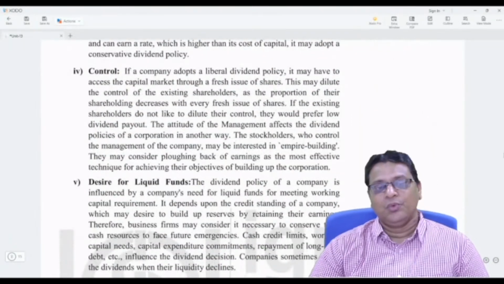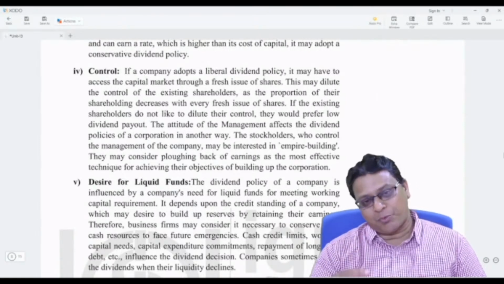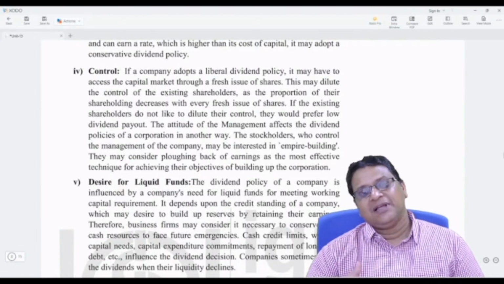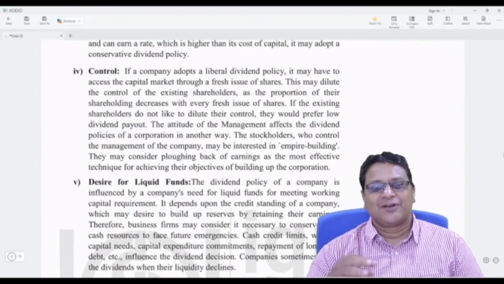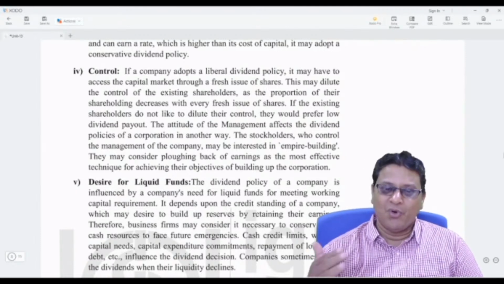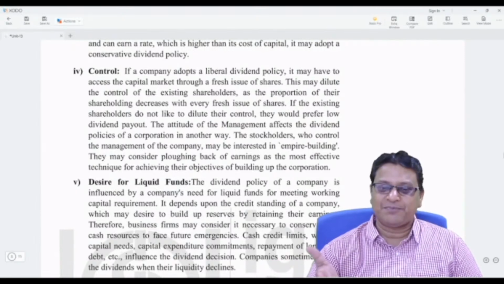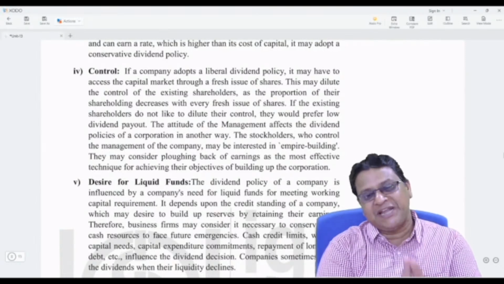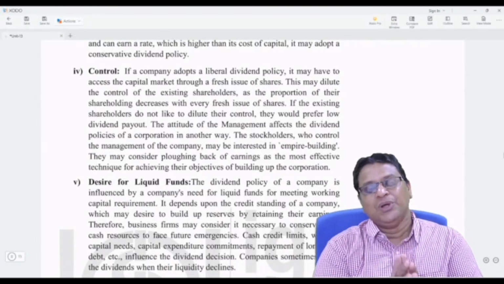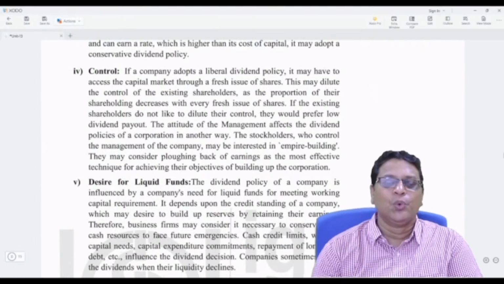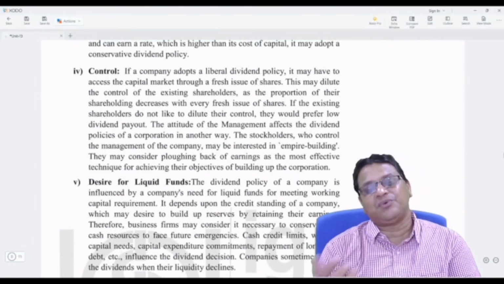Next, control. We know that if a company has profit and it distributes dividend, what happens? Its internal finance comes down. Internal finance means if it requires funds in future, it does not have a sufficient amount of internal finance, of retained earning. So what it has to do in future, when it needs money, is issue further equity shares.